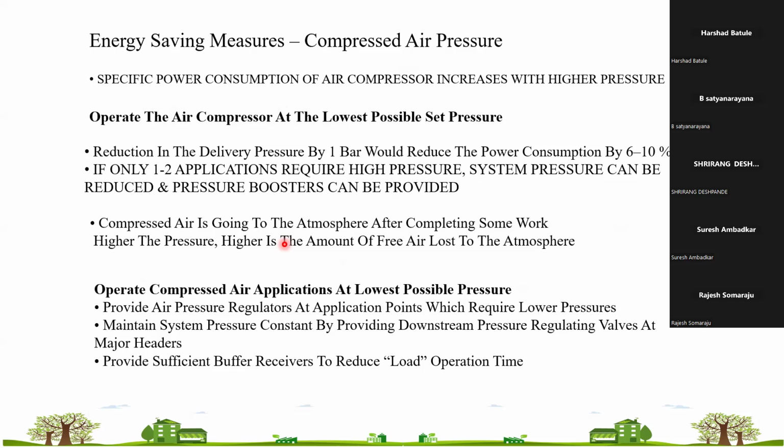Near your foundry, your intake air temperature is on the higher side. Near your cooling tower, humidity can be there, and ambient air can be humid due to operation of the cooling tower.